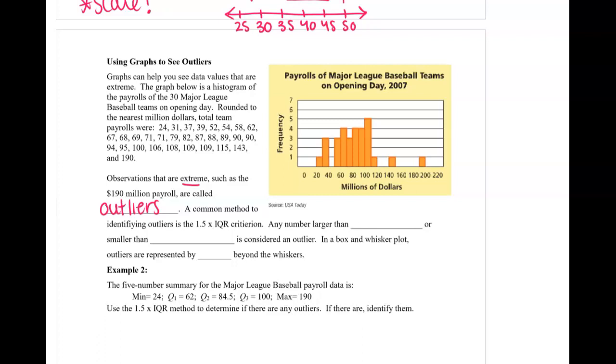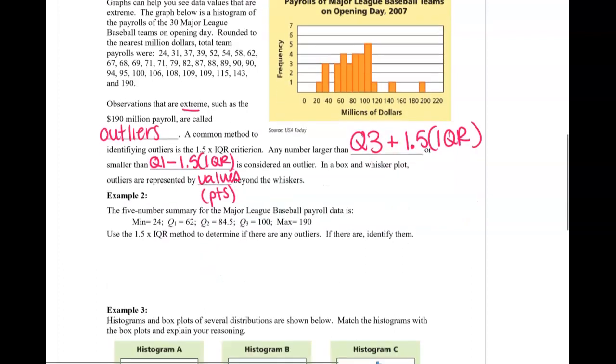So any number larger than Q3 plus 1.5 times IQR, or smaller than Q1 minus 1.5 times IQR, is considered an outlier. And in a box and whisker plot, outliers are represented by values or points beyond the whiskers.